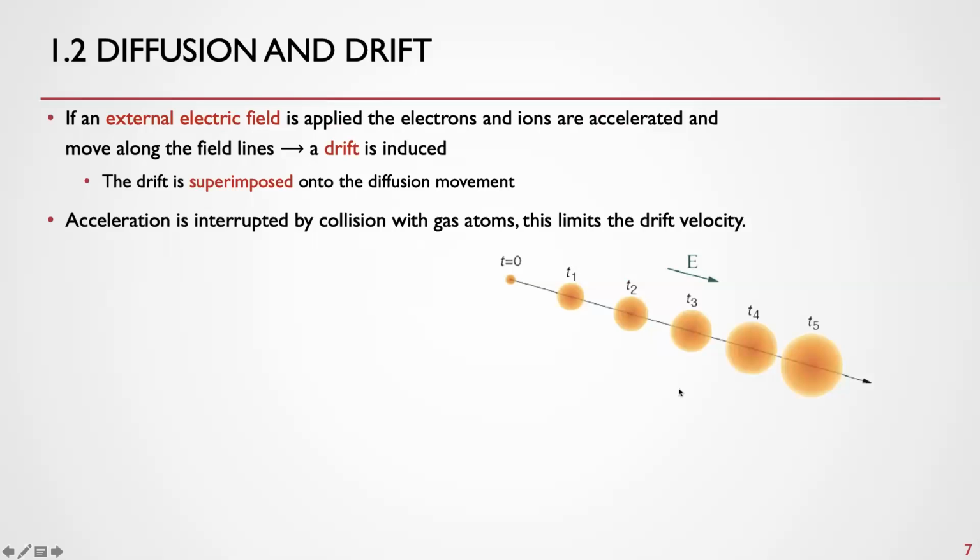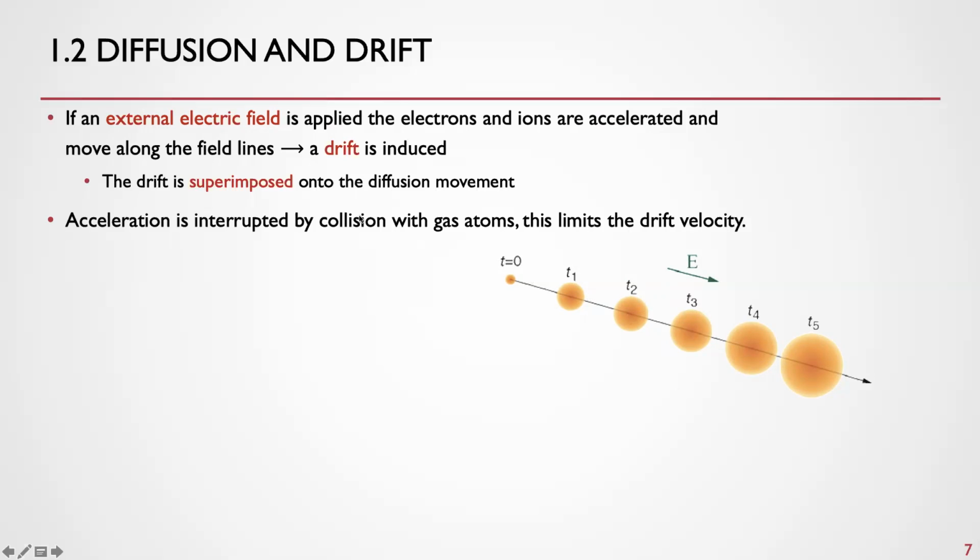Now the drift caused by the electromagnetic, in this case only the electric field, is superimposed onto the diffusion movement. Now in principle, this would cause an acceleration. The deposit would move faster and faster.